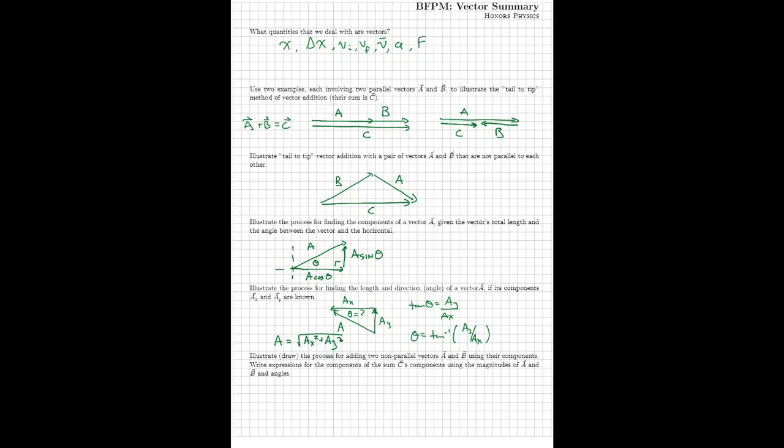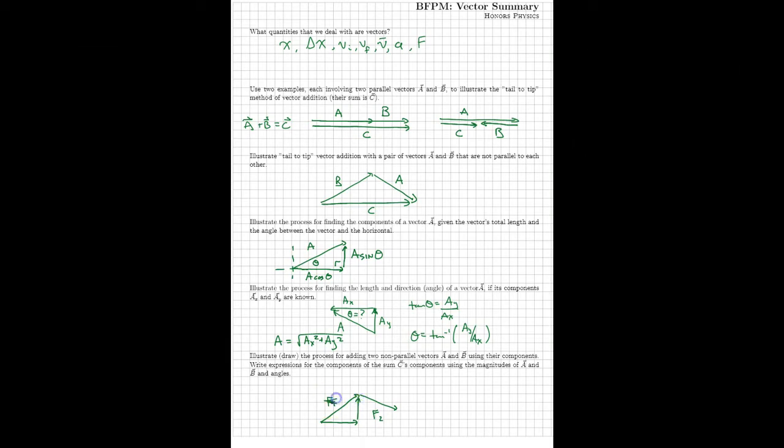Okay, so if I'm using this to add up, say, two forces, right? Let's say I have a force like this, and then I have a force that goes maybe down like that. So if I'm adding these tail to tip, I can also look at that as adding their components.